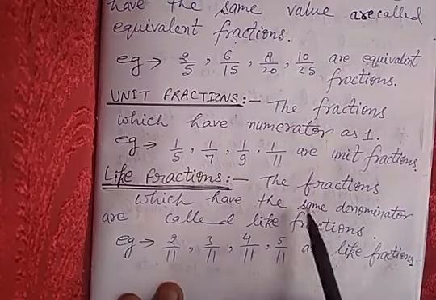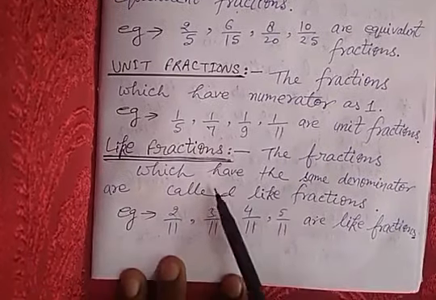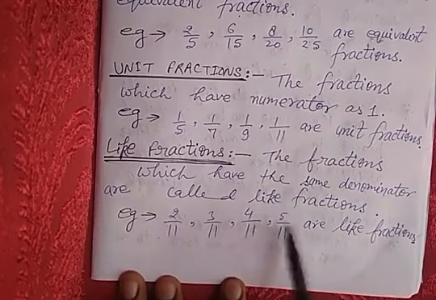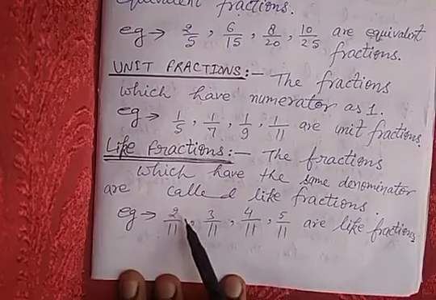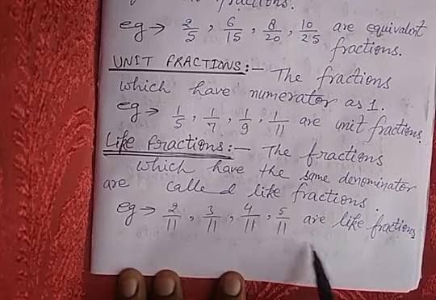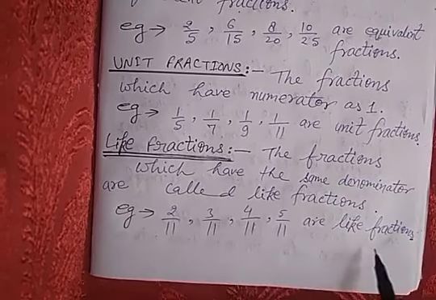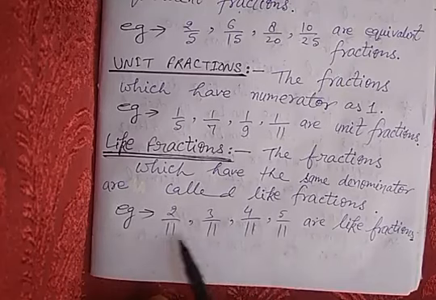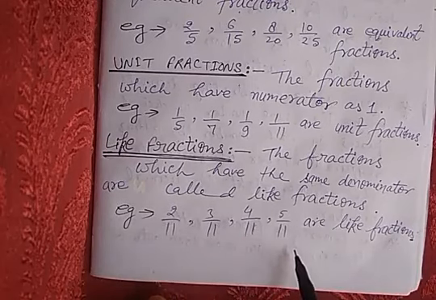Like fractions. The fractions which have the same denominator are called like fractions. For example, 2 upon 11, 3 by 11, 4 upon 11, 5 upon 11 are like fractions because these fractions contain the same denominator, 11.